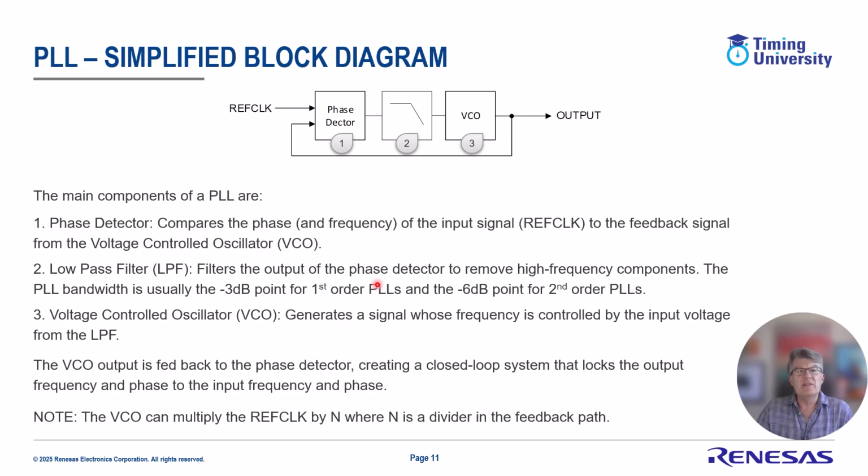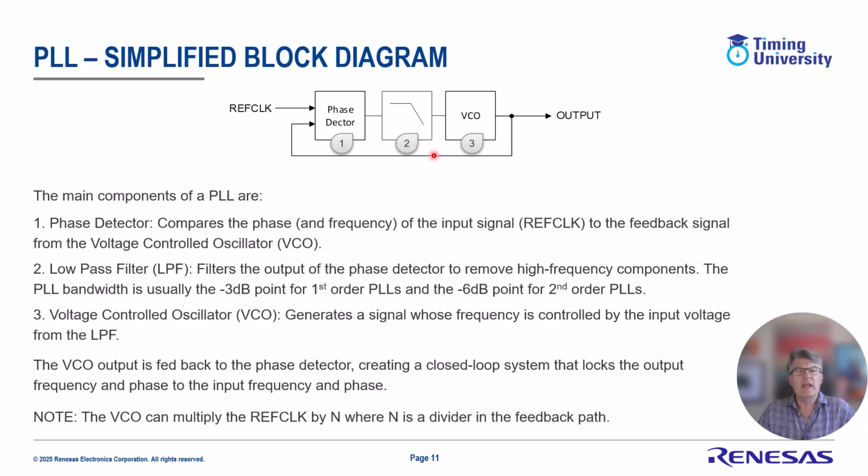And in second order PLLs, specifying this cutoff frequency is actually referencing the minus 6 dB point in the transfer function of the PLL. So the VCO is fed back in here, and again, the whole system tries to make these two things identical in phase and frequency.